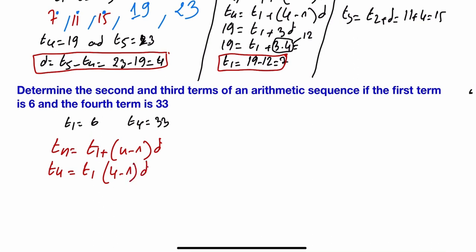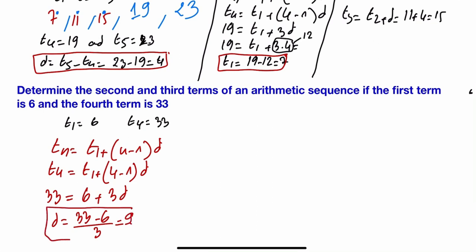T4, 33, is equal to T1, which is 6, plus 4 minus 1, which is 3, times d. And from here we can find our d, which is 33 minus 6 divided by 3, which is 9. So this is our d.